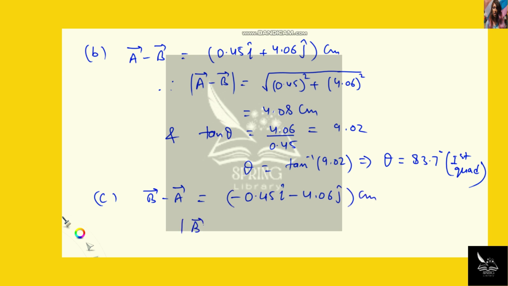So magnitude of this vector, that will be same as that in the second part, means 4.08 centimeter, and angle will also be same, means theta is equal to 83.7 degree, but it will be lying in the third quadrant, as x and y both the components are negative.